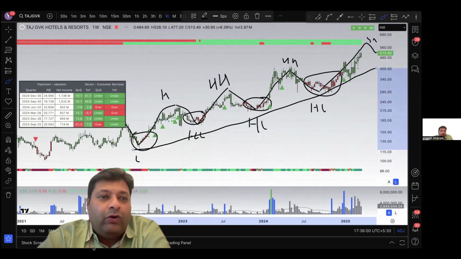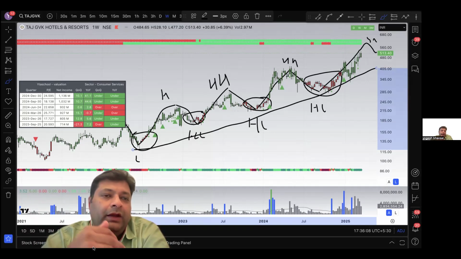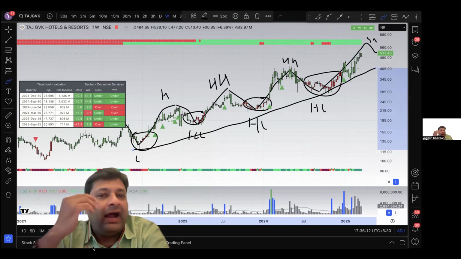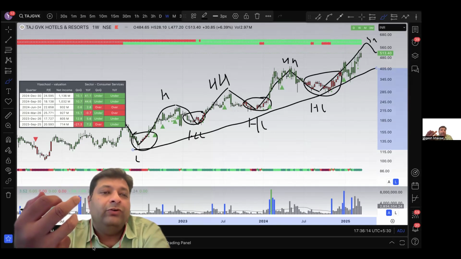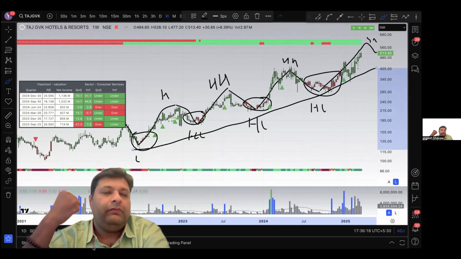So it is very important to understand how higher highs and higher lows are created. Whenever the lower time frame tries to go against the higher time frame, and the higher time frame does not let it fall for a very long time, it pulls it up.